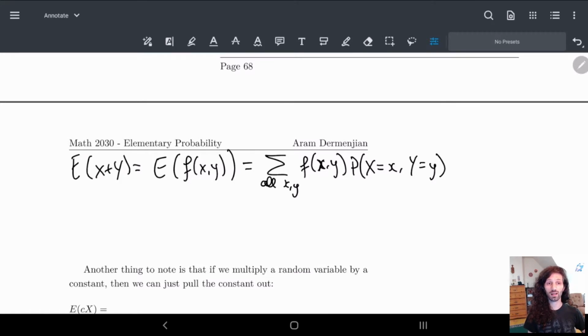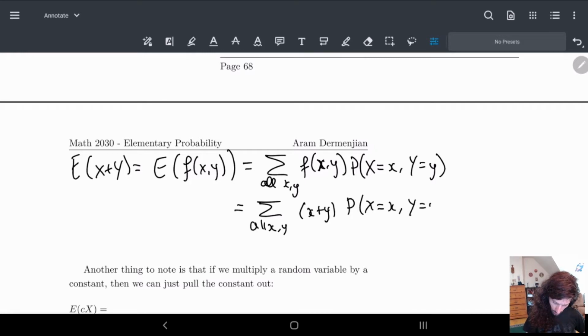And so this basically allows us to split things apart. So we have the sum of x plus y times p of x equal to x, y equal to y. This is equal to, I can just sum over all x p of x equal to x, y equal to y.